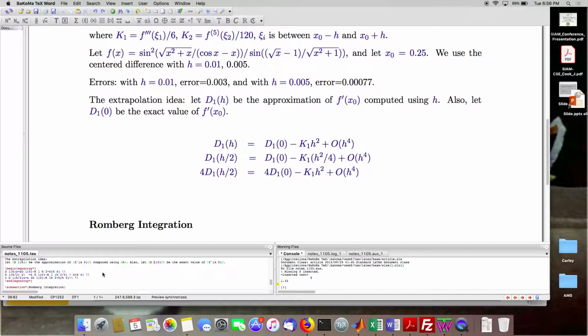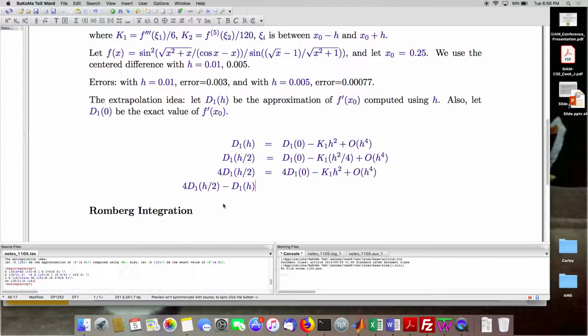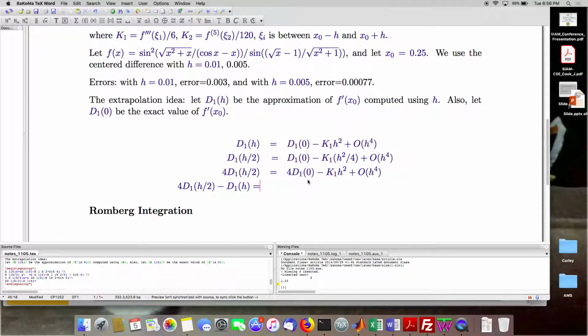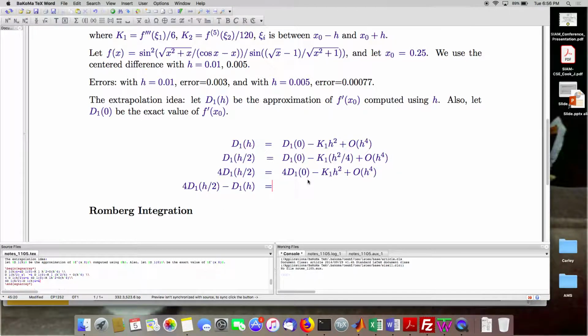Really, I'll take the second equation and subtract the first one from it. So then I'll have 4 d1 of h over 2 minus d1 of h is equal to this minus this, so that's going to be 3 d1 of 0 plus something that's order h to the fourth.